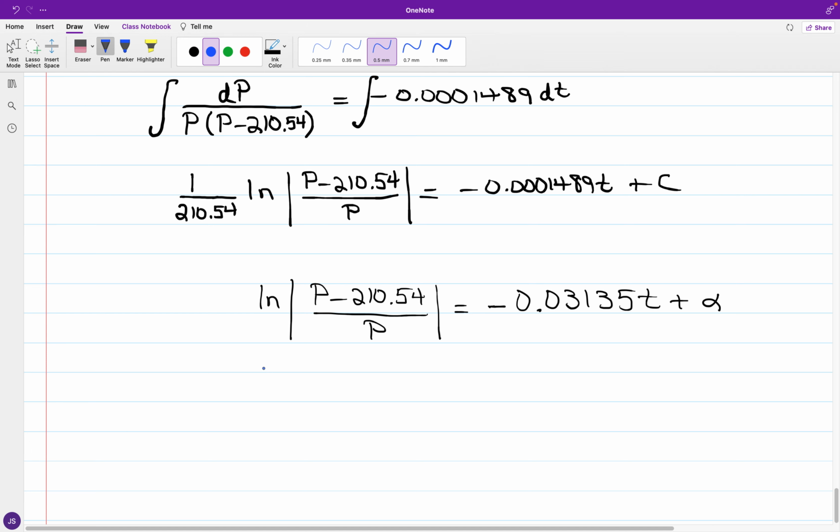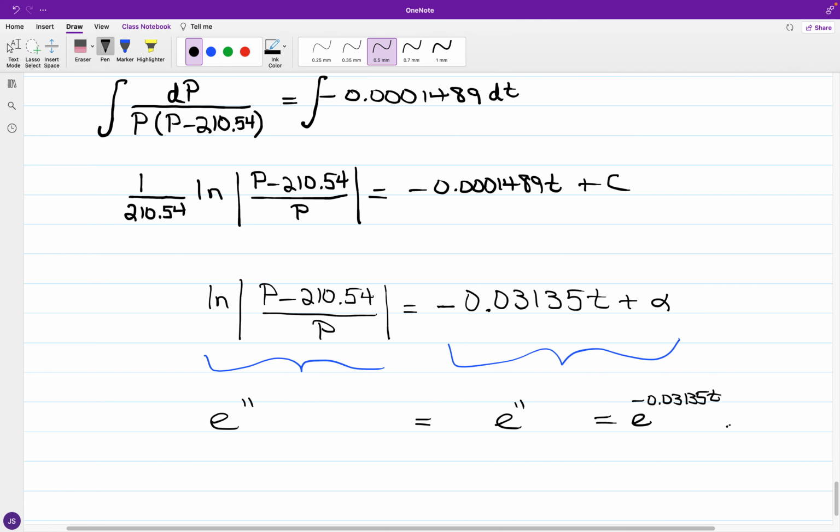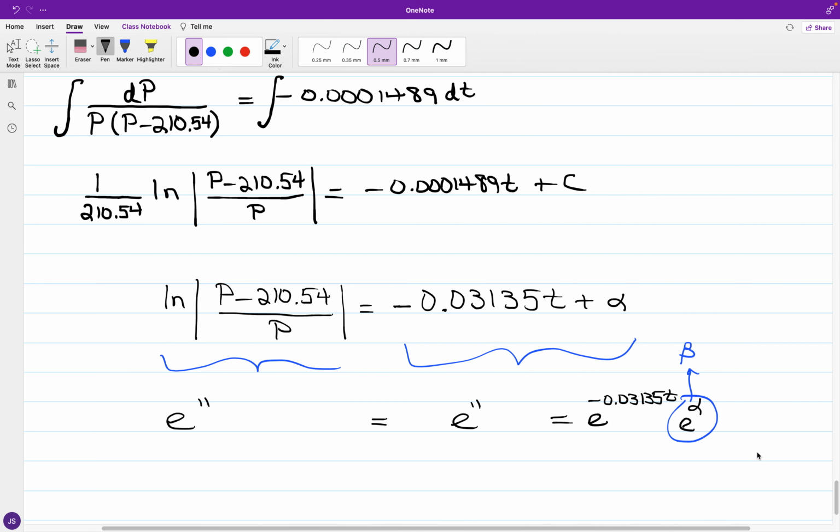Treating both sides as powers to which e is raised, we have e to the minus 0.03135t times e to the alpha, and e to the alpha is a constant, beta. A constant raised to a constant is yet another constant.